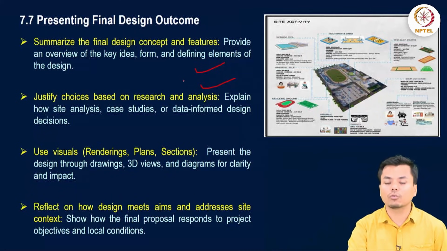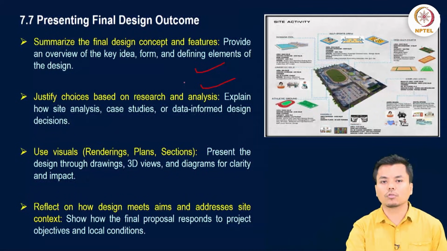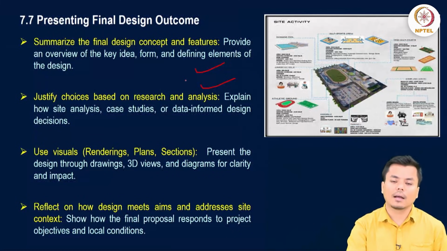It may be related to the color of the building also. To decide which color or paint the building will have, you should have a proper justification for these aspects, even for the material that is going to be used.